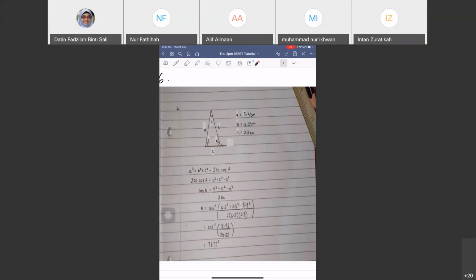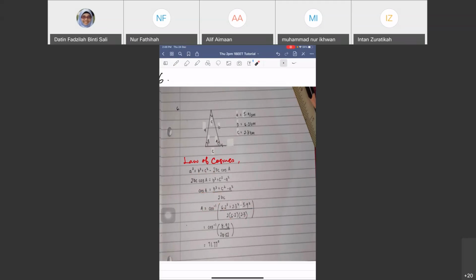When it is an included angle, you are using the law of cosines. But because all the lengths are given and what you want is only the angle, from the law of cosines you just need to rearrange and express A in terms of cosine inverse. Then you substitute correctly.